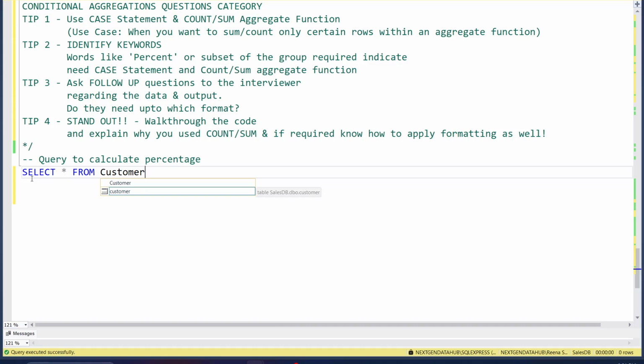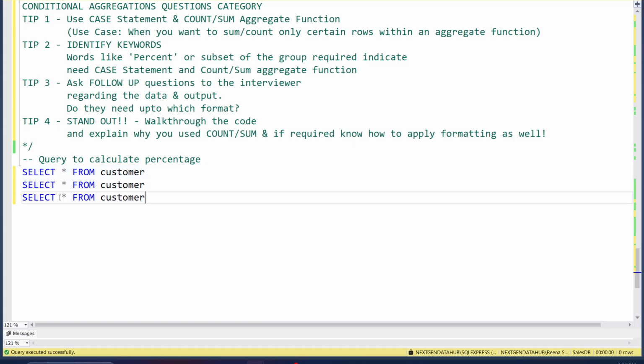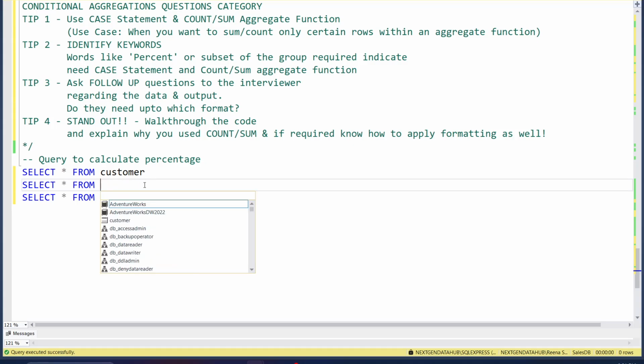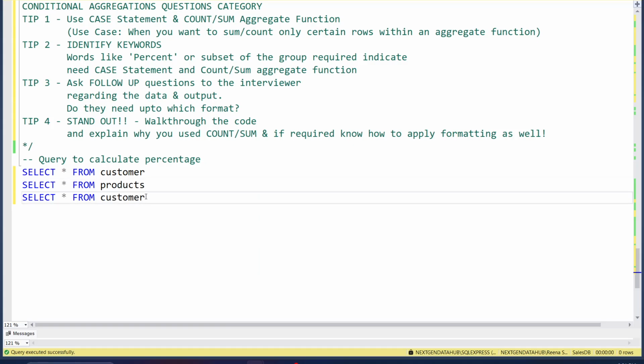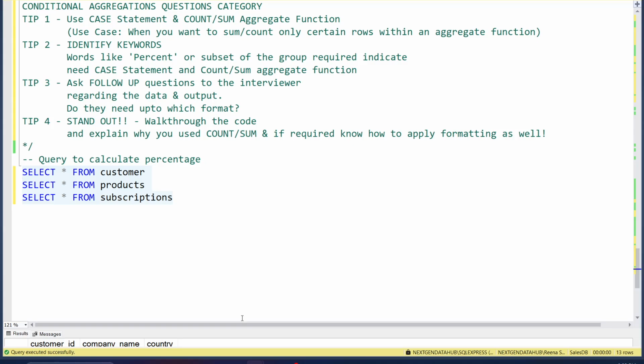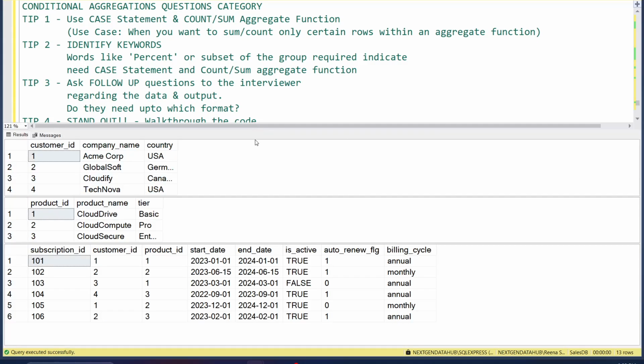We want to select from all the tables. So we have customer, products, and subscriptions.